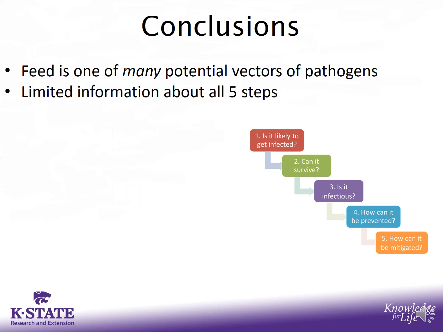Based on that, we unfortunately have limited information about all 5 steps for how that occurs. We have limited knowledge on the likelihood for ingredients to get infected, or its survival, its infectivity, prevention, and mitigation. However, what we do know is there's sufficient risk that we should be concerned about African swine fever virus transmission into the United States through ingredients.